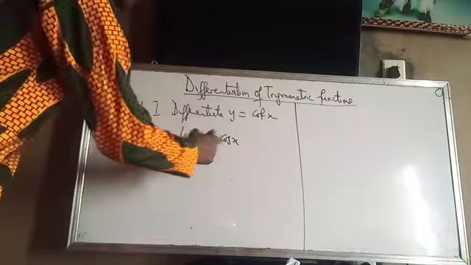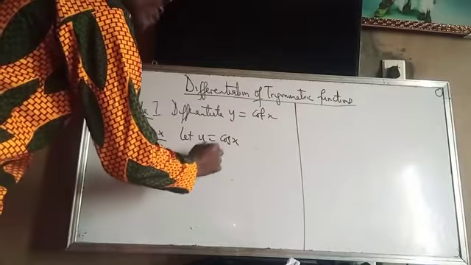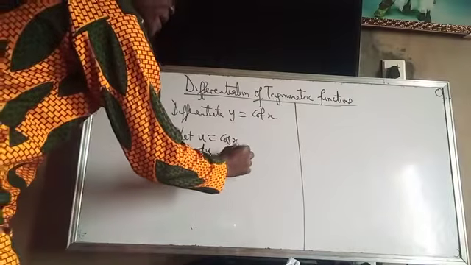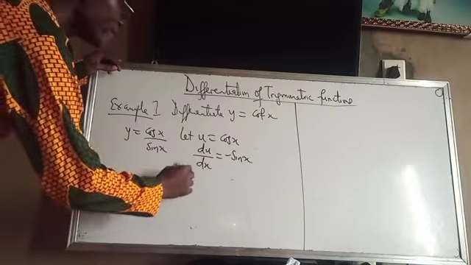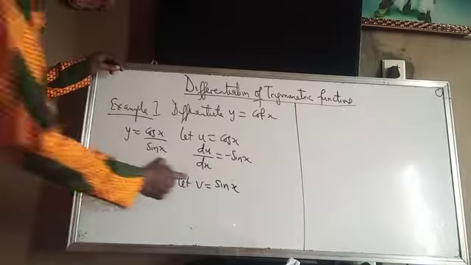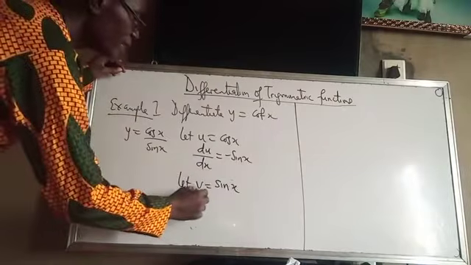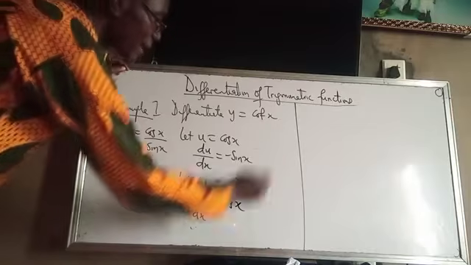You now differentiate u with respect to x: du/dx will be minus sine x. Now let v be equal to sine x. The dv/dx is cos x.